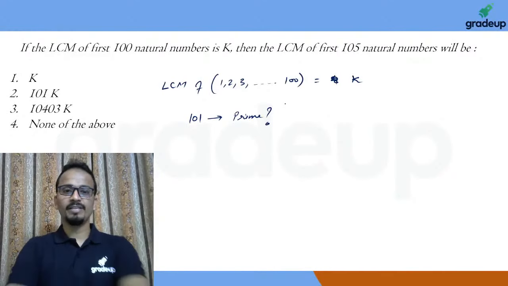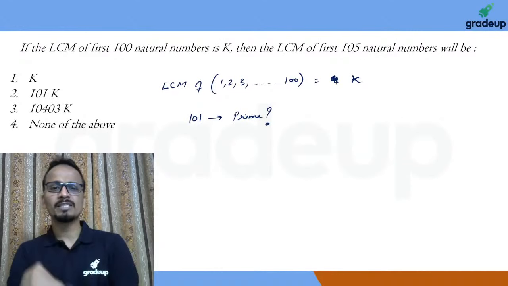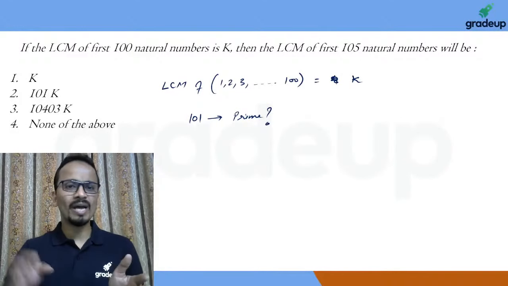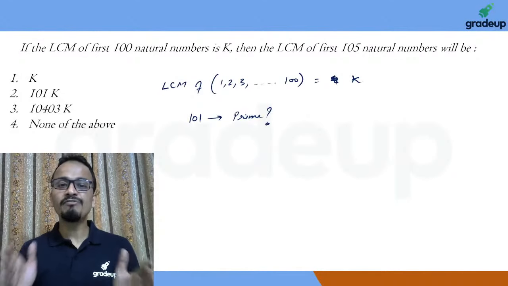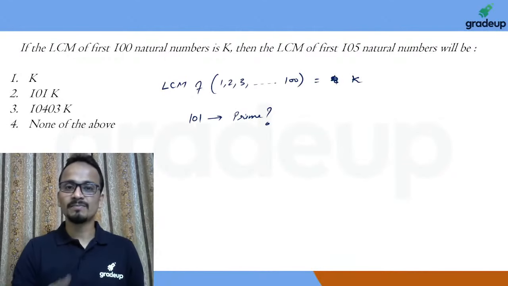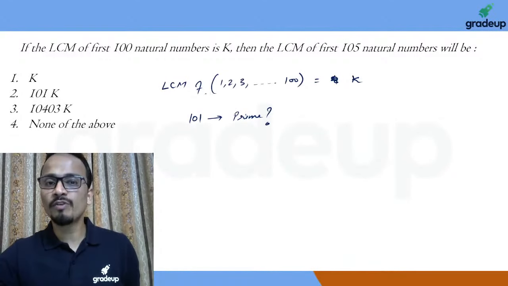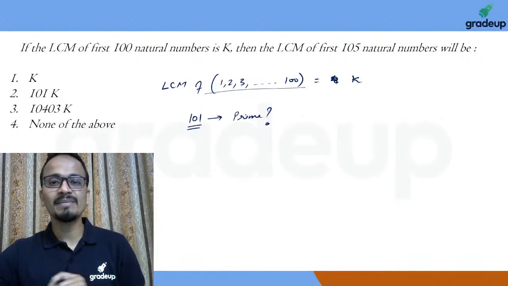Okay, fine. So the LCM of the first 100 numbers is already given as k. Now 101 is a prime number, and no factor of 101 is present in the LCM of the first 100 numbers.